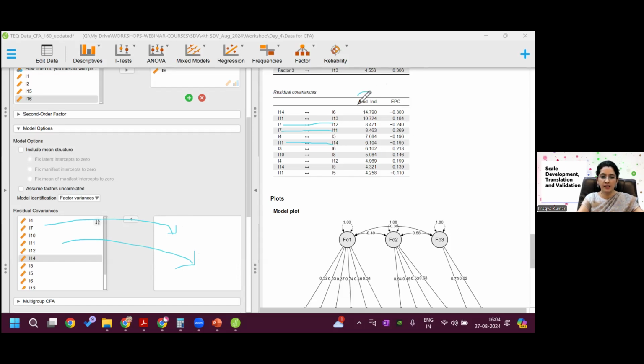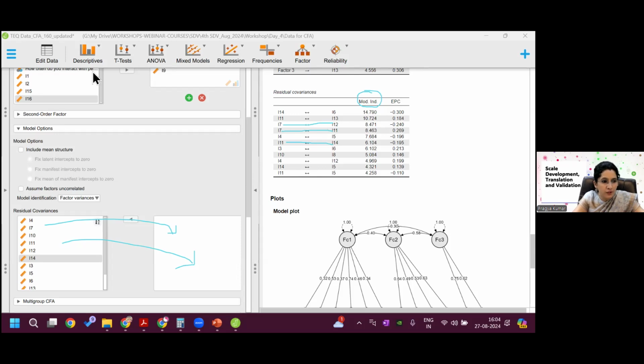That's why this is a modification index: your model will improve if you enter these together in the residual covariance matrix. We try, but the point is that they should be in the same factor. So we can reduce the error by adding these covariances. Like this 8.4: we can reduce the error by 8.4 if we have these in the model.